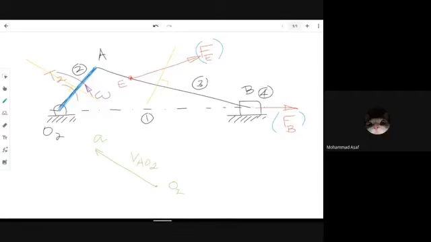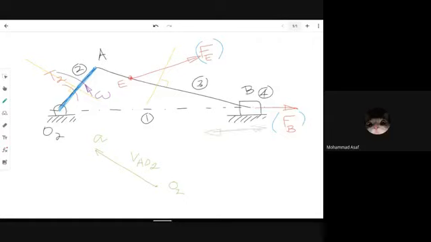Now what will be my next line? My next line will be the velocity of the slider, because I know only that direction. The slider is moving in this direction.